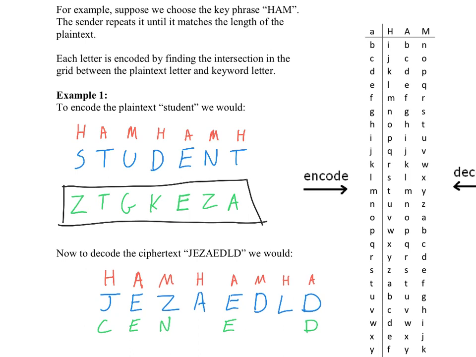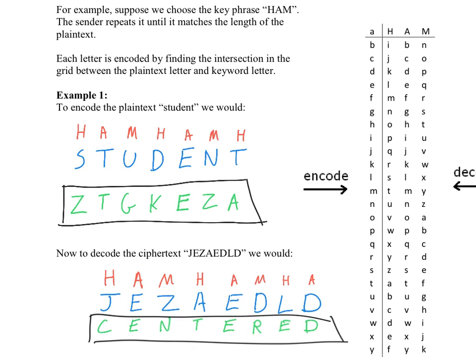And underneath the H, we would look for an A, and it would decode to T. And underneath the M, we would look for the D, and it would decode to R. And then finally, we would get an E at the end there. So the plain text word that we're looking for here is centered.